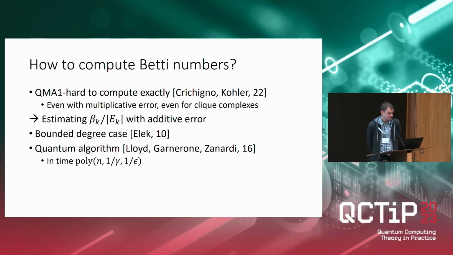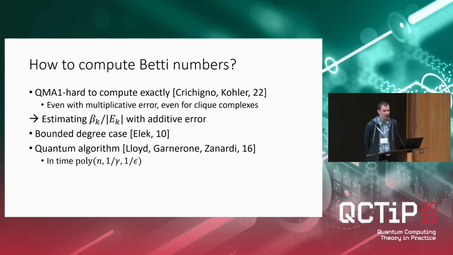For this, there was an algorithm by Ambainis, but he only considered the bounded degree case, which means that also the dimension of the complex is bounded, so it's constant. So it's a very interesting work. But for us, the second one is more important, by Lloyd, Garnerone, and Zanardi, who gave a quantum algorithm that runs in polynomial time in n, 1 over gamma, where gamma is a spectral gap, and 1 over epsilon, that is the approximation parameter.